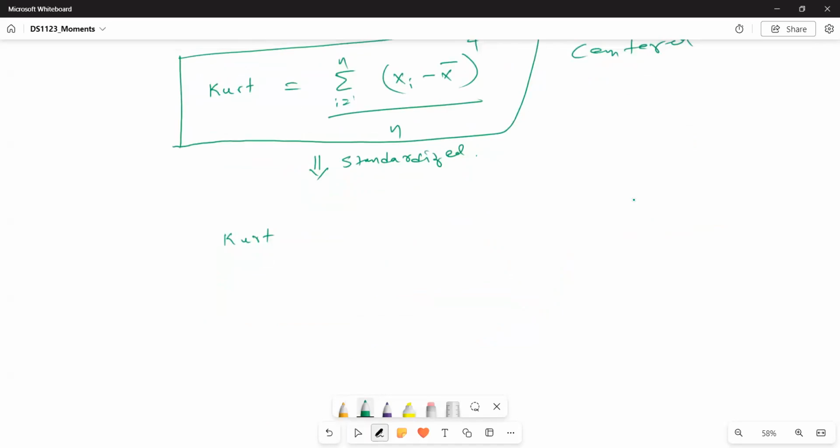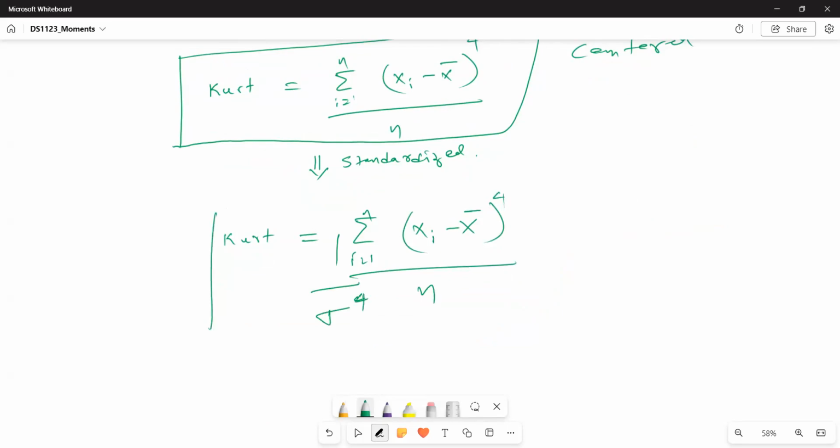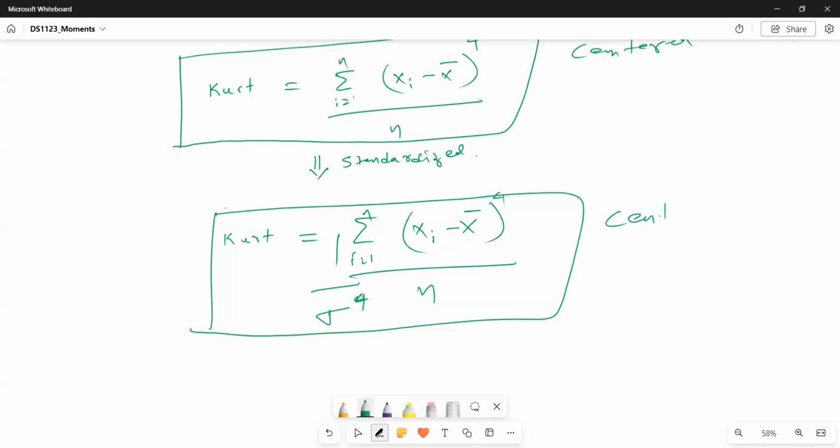Now we are going to write the standardized form of the formula. Again, I will go from 1 to n of xi minus the mean of the data, taking the fourth power, dividing it by n, and finally dividing it by the fourth power of the standard deviation. So this is already centered, and now it has become standardized as well.